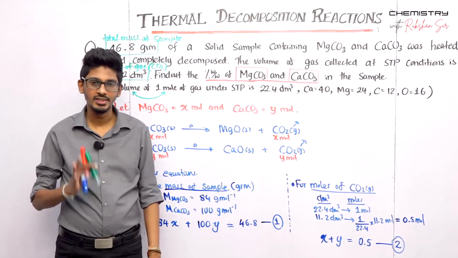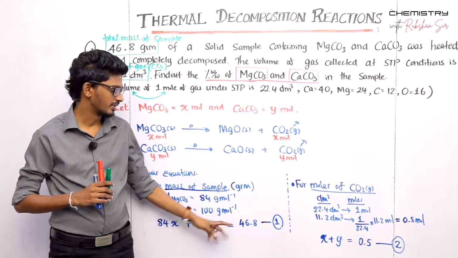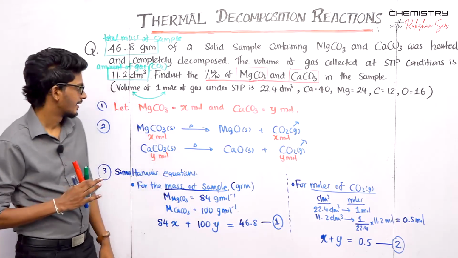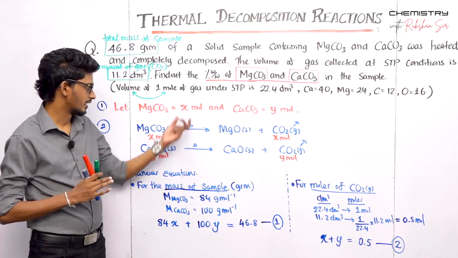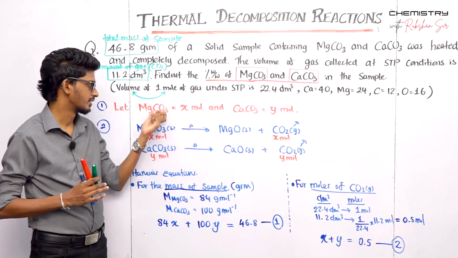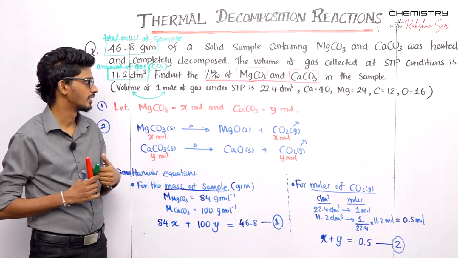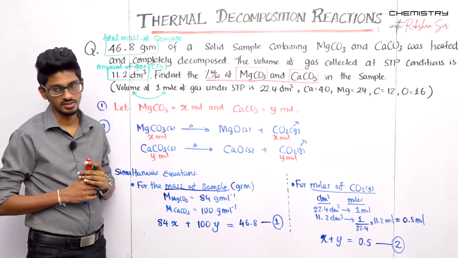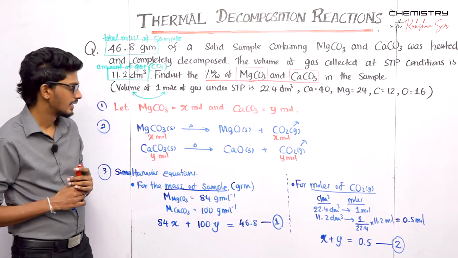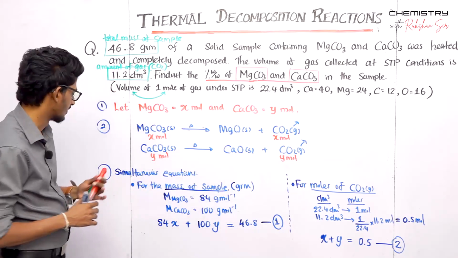Now what we need to do is just solve those to come up with x and y. If we solve for x and y, then we can come up with the masses, as the g mole minus 1 data are known. That will lead you to the weight percentage. Okay, let's try to solve the two simultaneous equations.